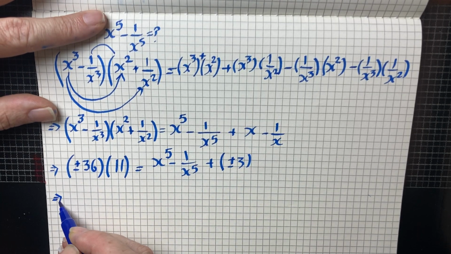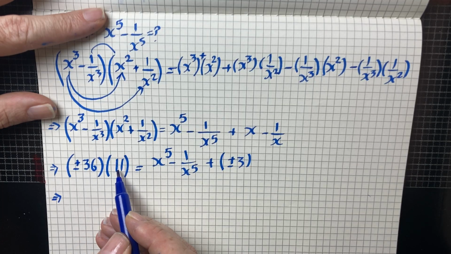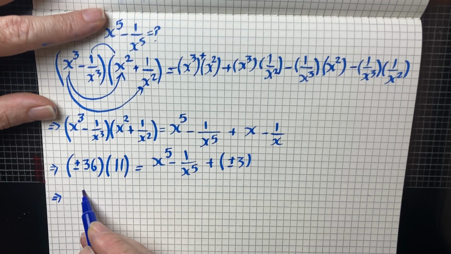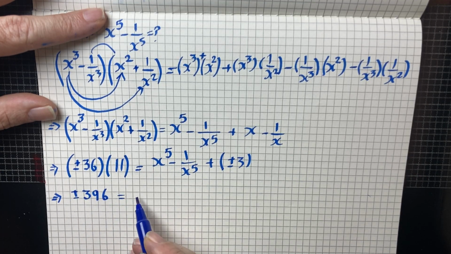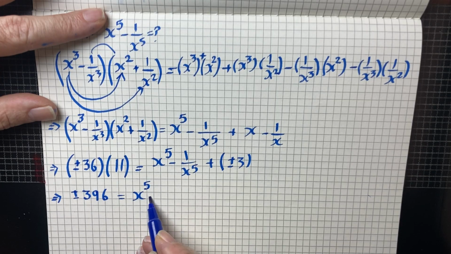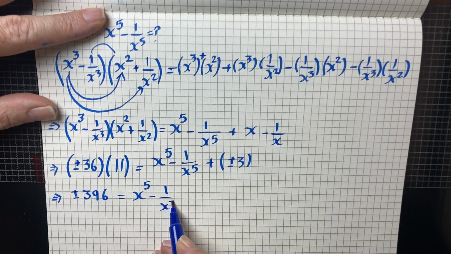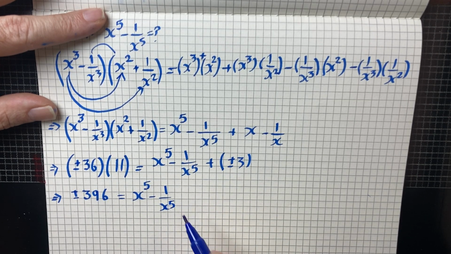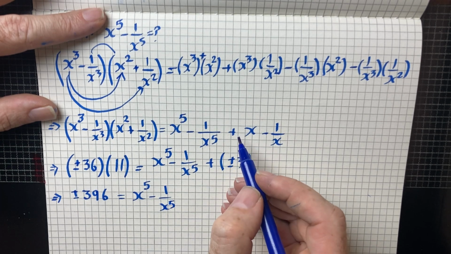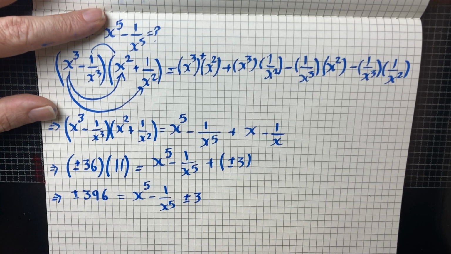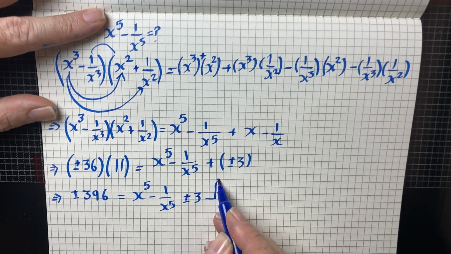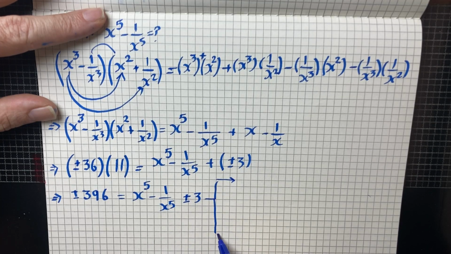So next step, 36 times 11 is going to be 396. So positive or negative 396 is going to be x to the power of 5 minus 1 over x to the power of 5 plus, here we have positive or negative 3. So what are our two cases?